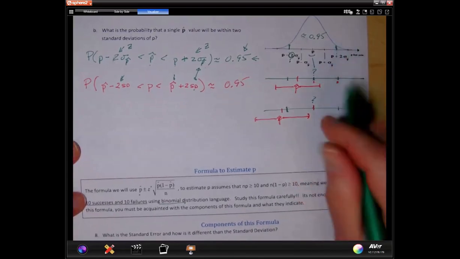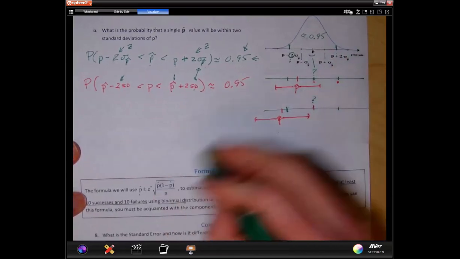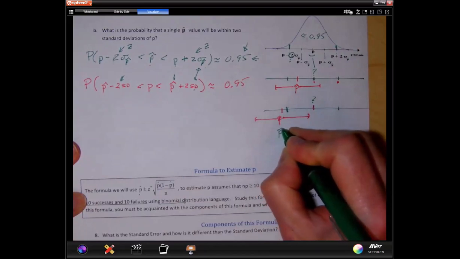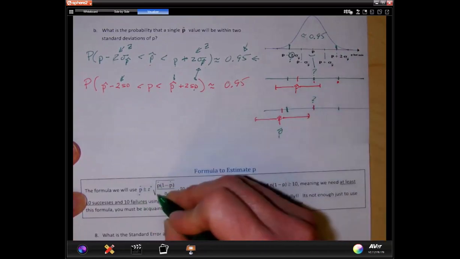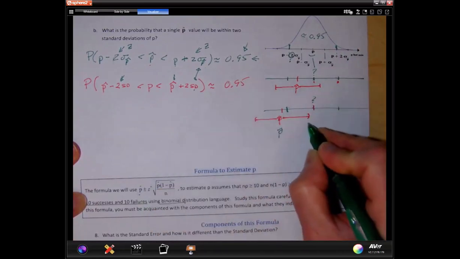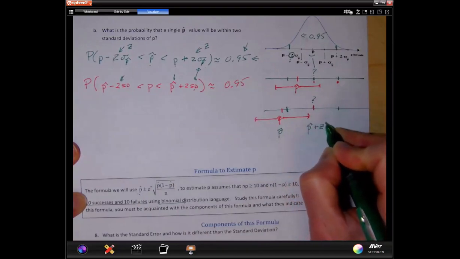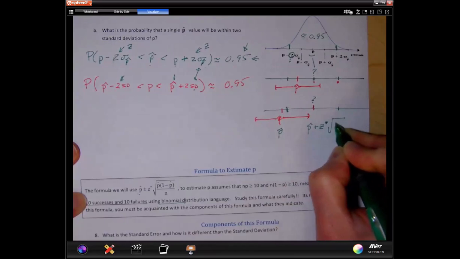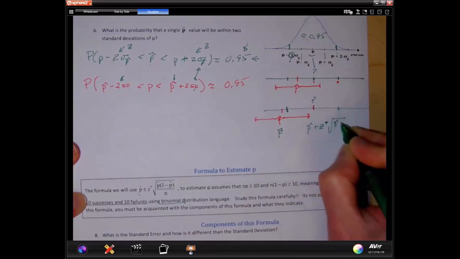Before I do that, I'm going to emphasize one more time what this formula is. Here's p hat, and then I'm going to add. So this upper end is going to be p hat plus whatever value I decide, the number of standard deviations I decide that I want to use.